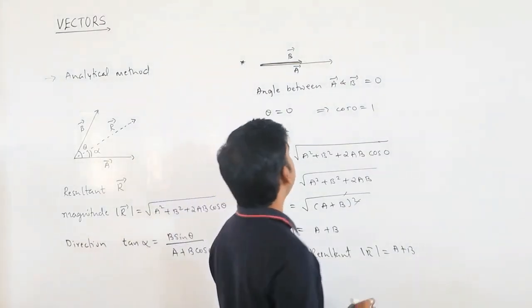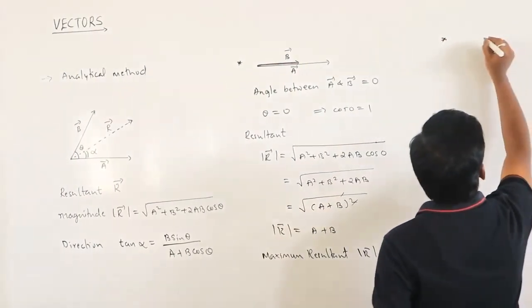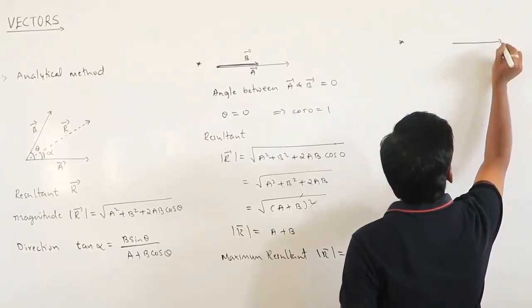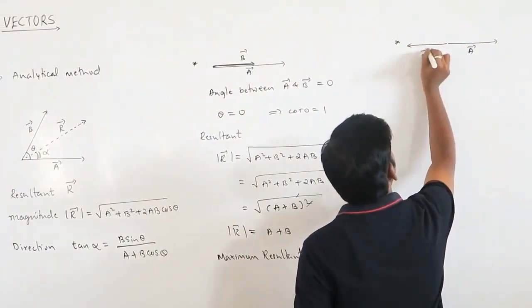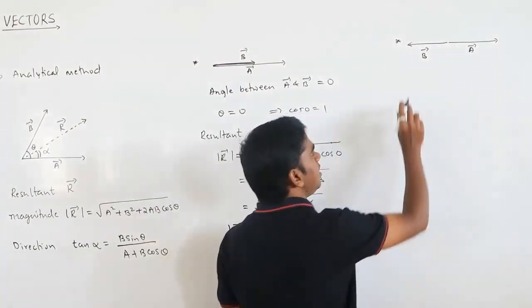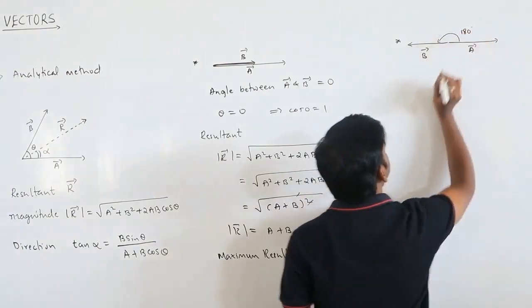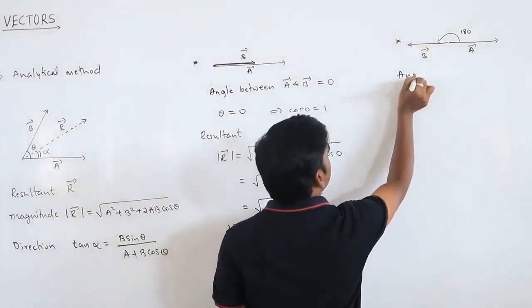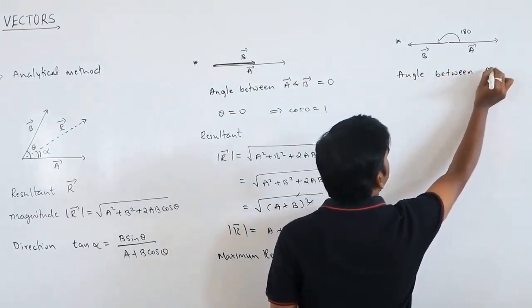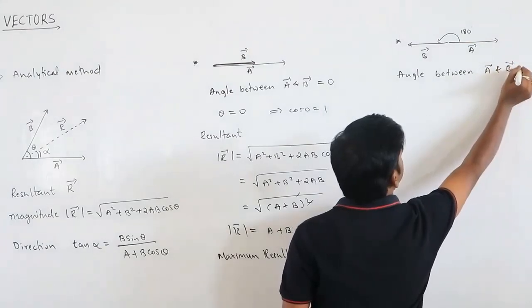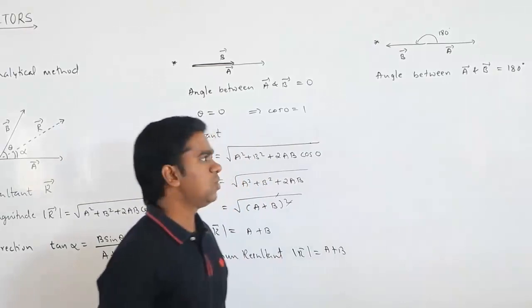Similarly, we will see another condition, when two vectors are like this. Vector A is in this direction, but B is in the opposite direction. Then what is the angle between A and B? It will be 180 degrees.